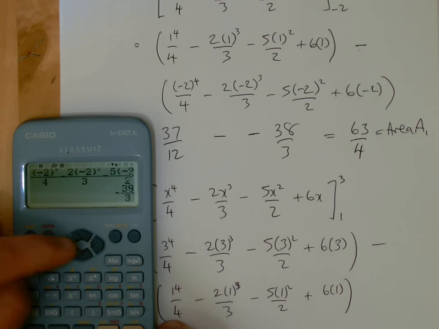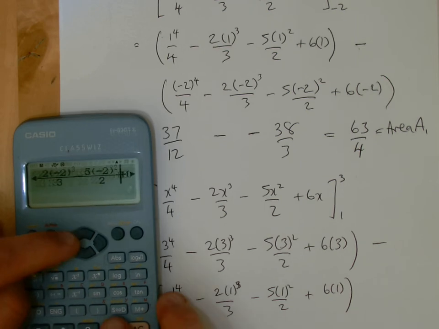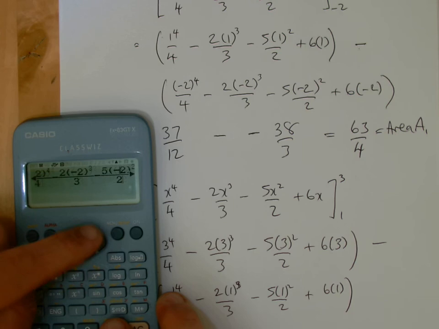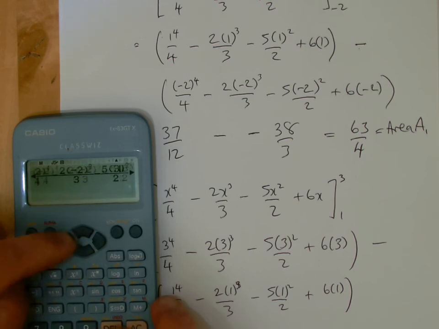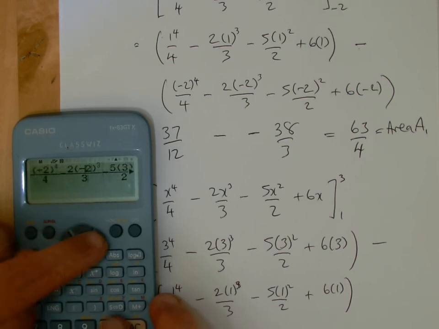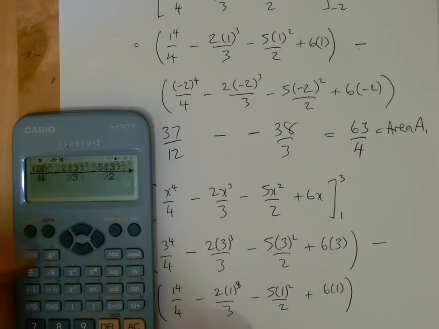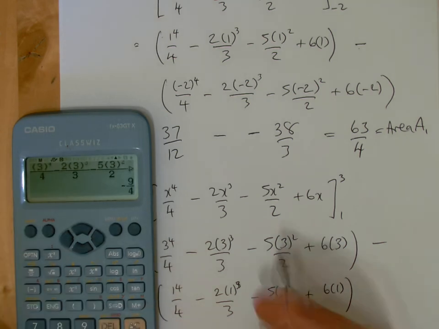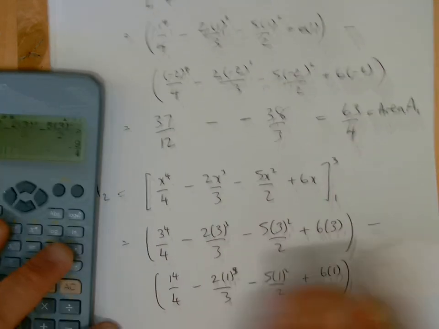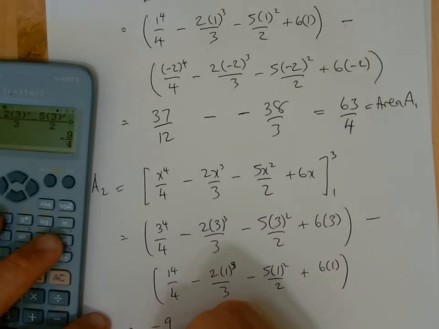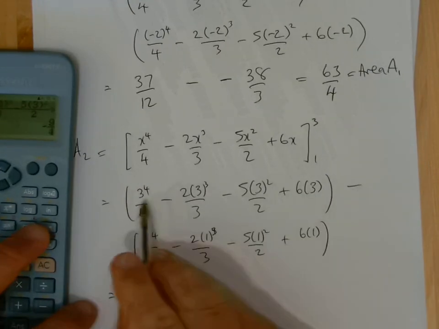Press it up a couple of times, and literally just change that number to a 3, and change each of the numbers in the brackets there to a 3. This is just to save you a bit of time. So when I do that, I get out negative 9 over 4 for that bracket there.